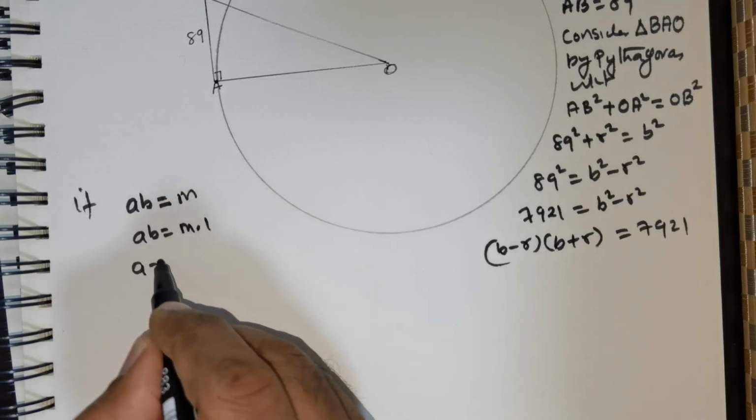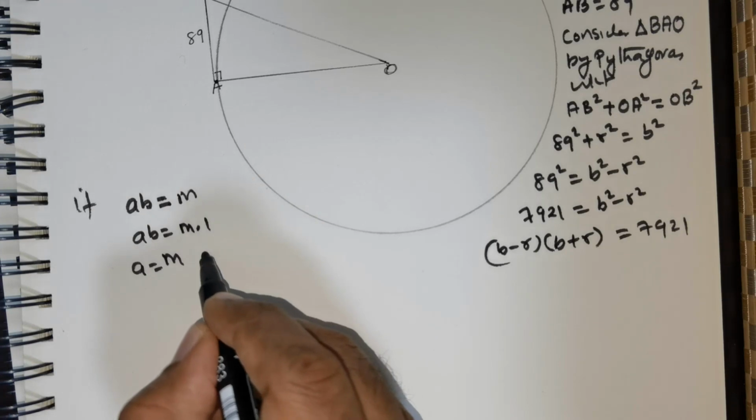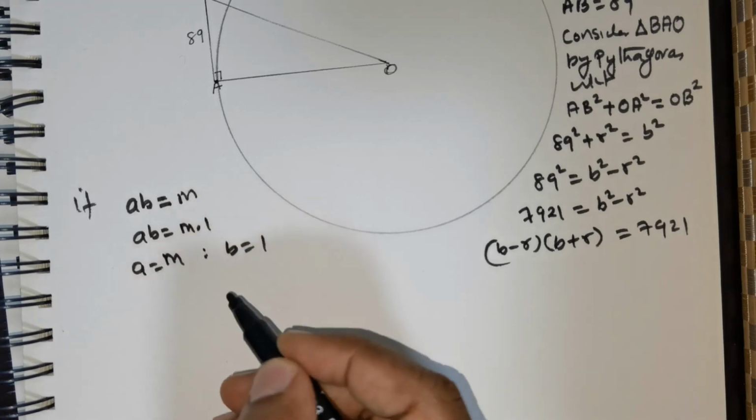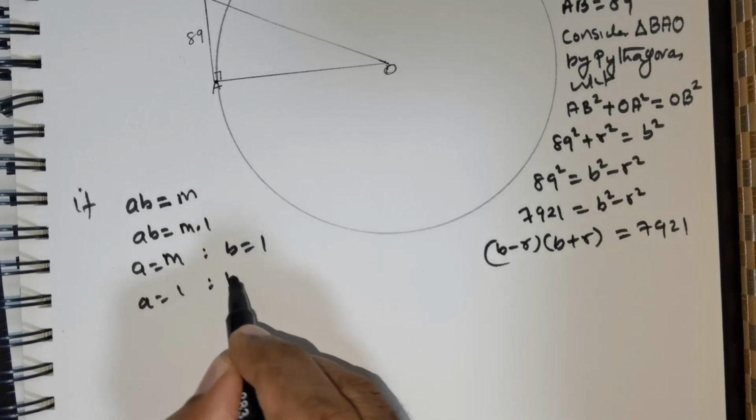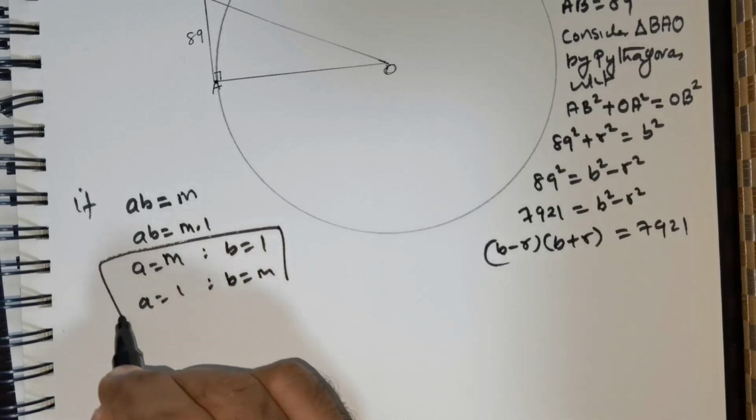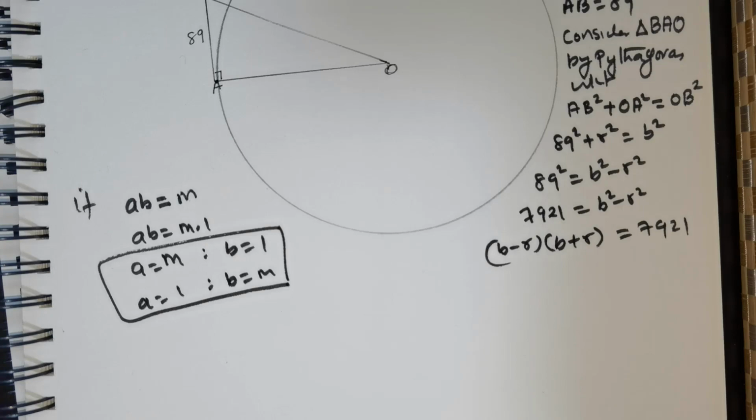Then either A is equal to M and B is equal to 1, or A is equal to 1 and B is equal to M. So you can utilize this property.